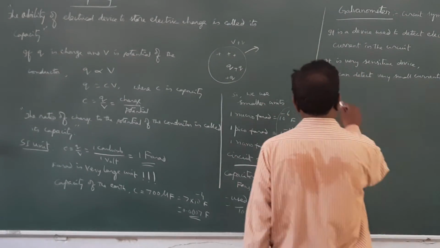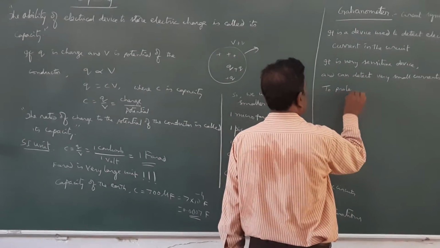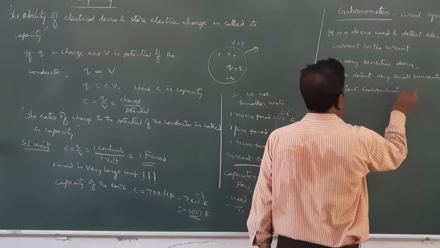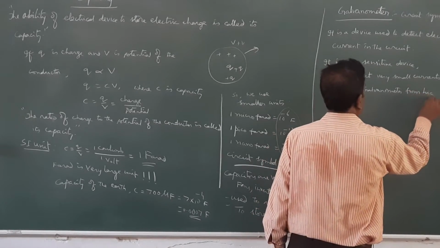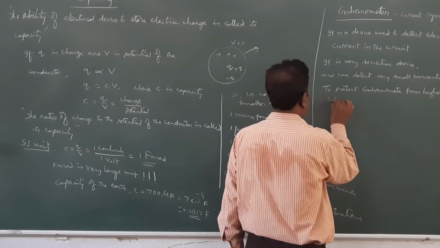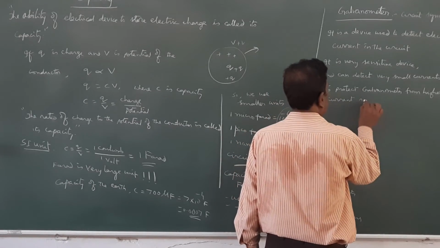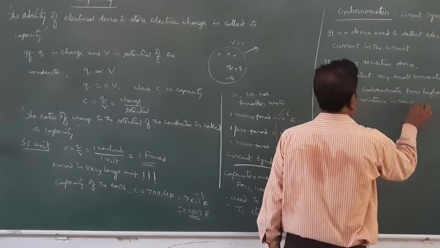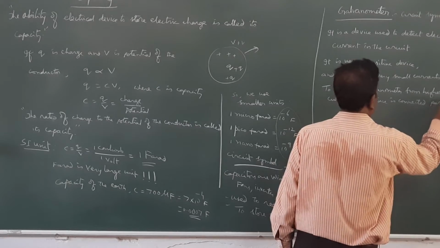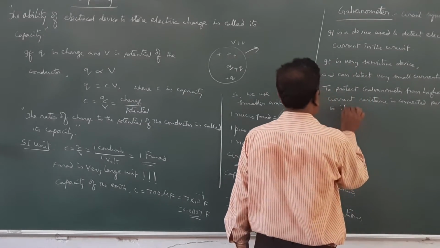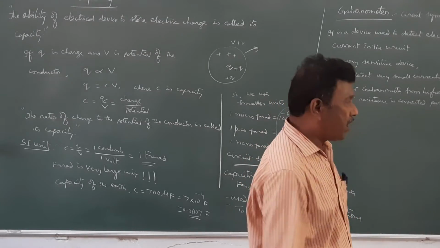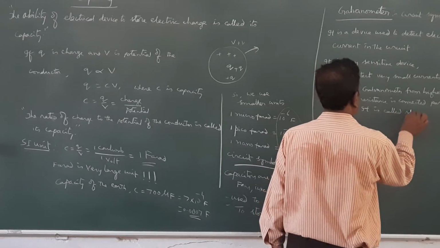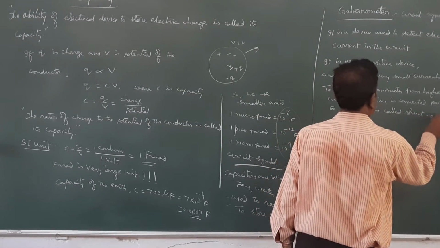A resistance is connected parallel to it, and that resistance is called shunt resistance.